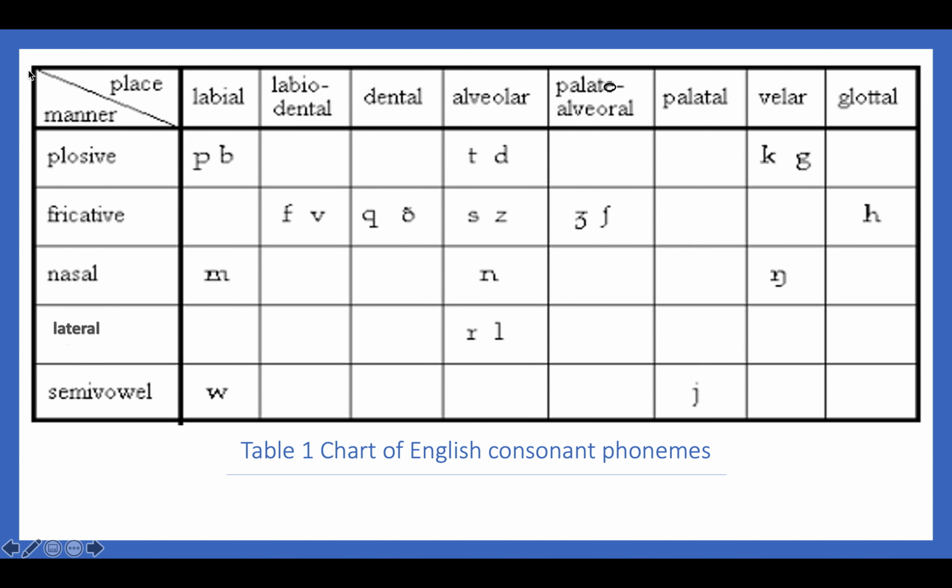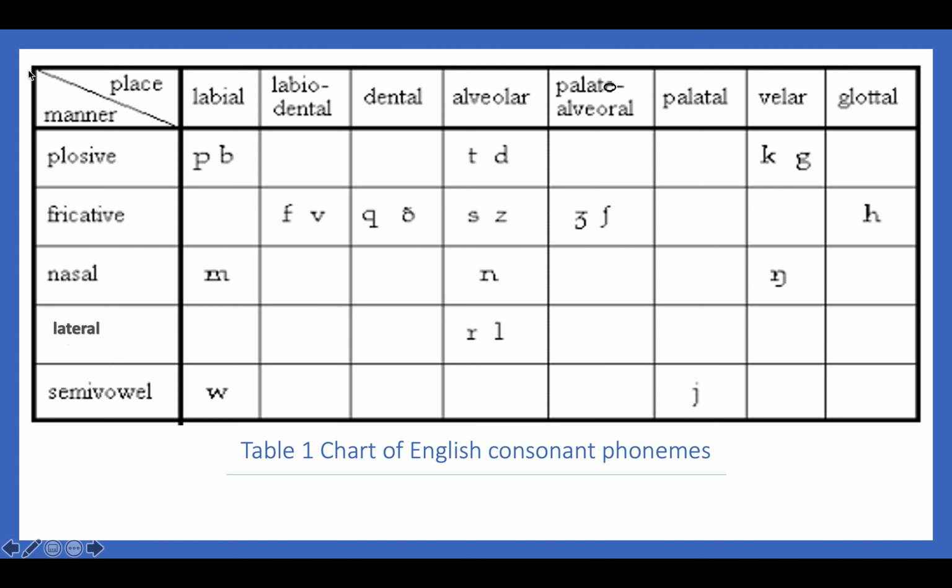As we mentioned in the previous slide, consonants are classified in terms of voicing, place of articulation, and manner of articulation. In terms of place of articulation, we have labial, labiodental, dental, alveolar, palatal, velar, and glottal.